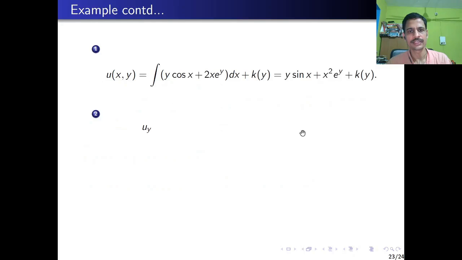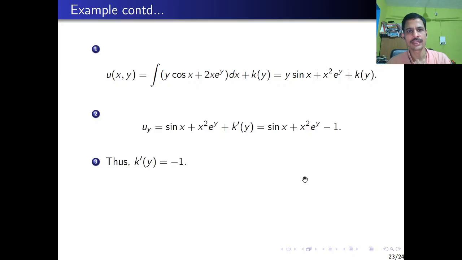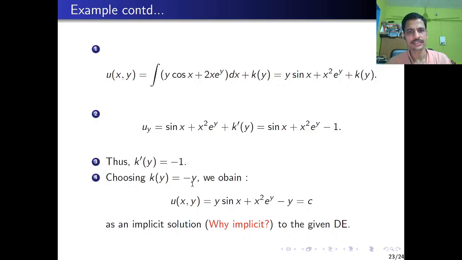So we equate this with N, and from this equation we get k dash y is equal to minus 1. So you can integrate this, k dash y is equal to minus 1, to get k(y) is equal to minus y. We don't need the integration constant here, because anyway we are going to put an integration constant finally in the expression for u.